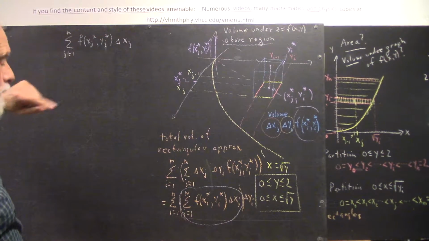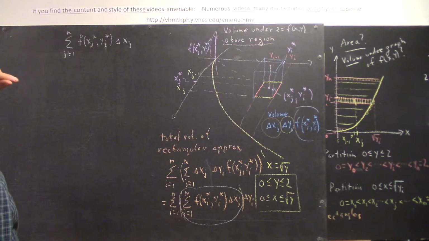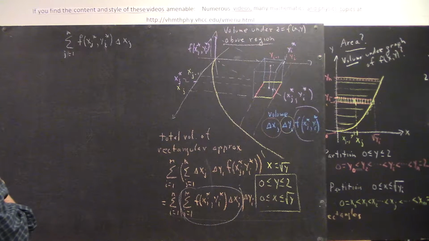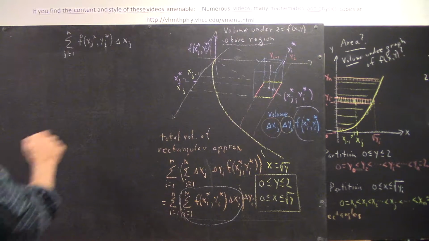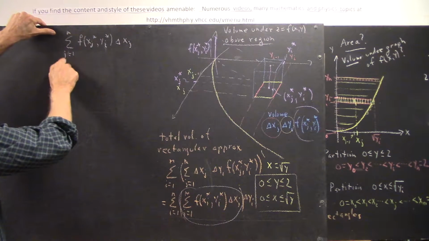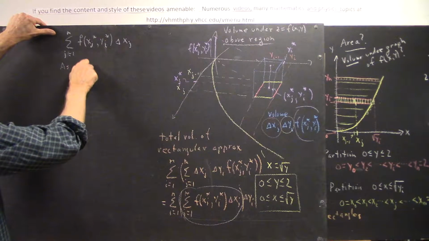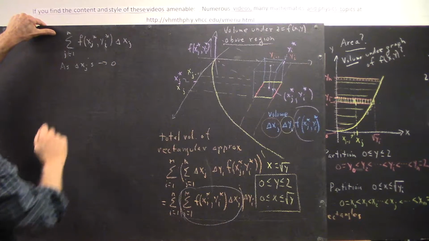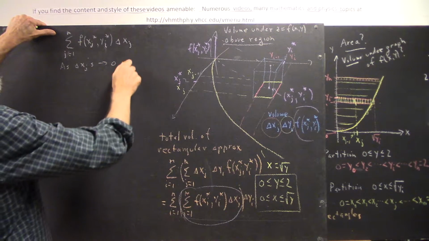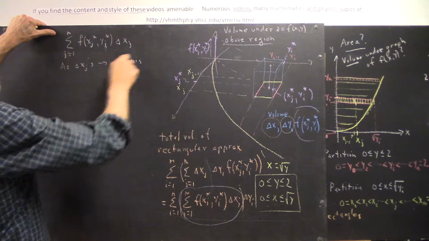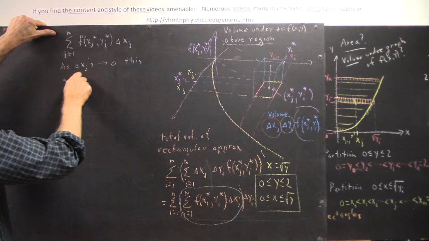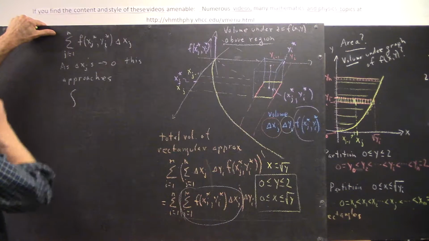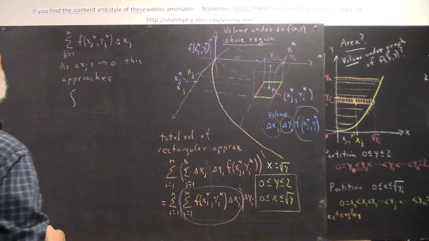Just looking at this sum, as the delta xj's approach 0, this approaches an integral, as you know from first year calculus.